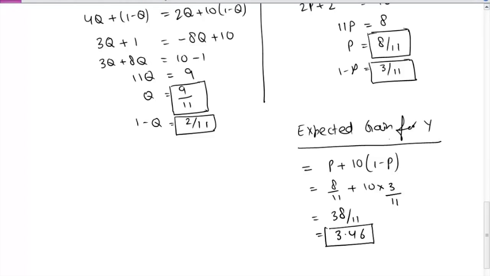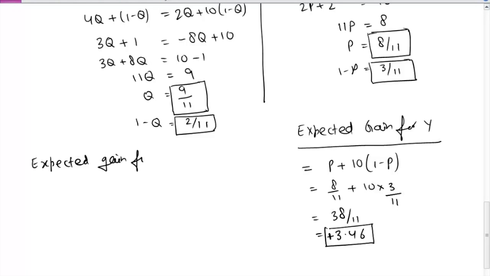Now this is the expected gain for player Y, and because we are getting 3.46, which is a positive number, in fact this is a loss for player Y, because the payoff matrix is made in such a way that any positive value means it is a loss for player Y and a gain for player X. On average, player Y is going to lose 3.46.